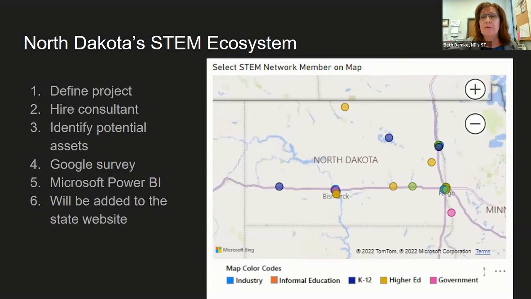And so I'm going to tell you about our recent asset mapping project, which I was not completely satisfied with, and I'll tell you a little bit about why. So we started out by defining the project, and some of the examples that Mary Margaret and Cal shared, and other examples throughout the rural STEM ecosystems that we looked at, helped us to define what our project would look like.